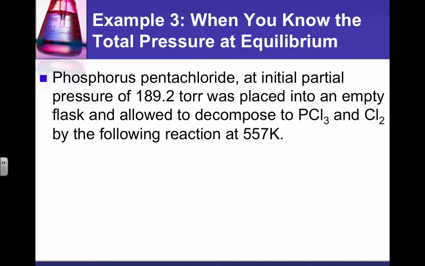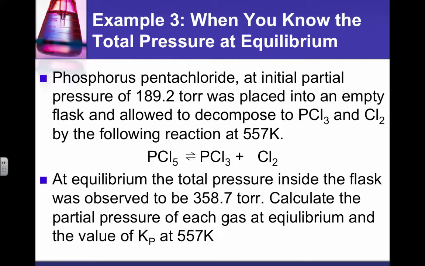So in the reaction of phosphorus pentachloride at an initial partial pressure of 189.2 torr, it's placed into an empty flask and allowed to decompose into phosphorus trichloride and chlorine gas. The reaction is at 557 kelvins.